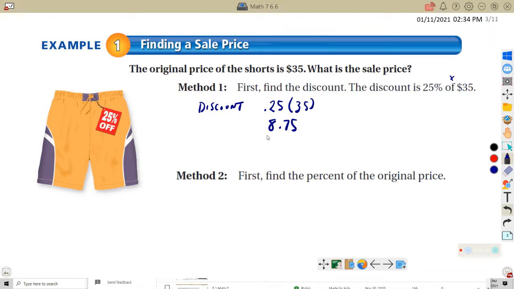Now this is the discount. So if we're starting with 35, the new price is 35 minus 8.75. Right, because this is the discount. We're subtracting this discount from the original price.